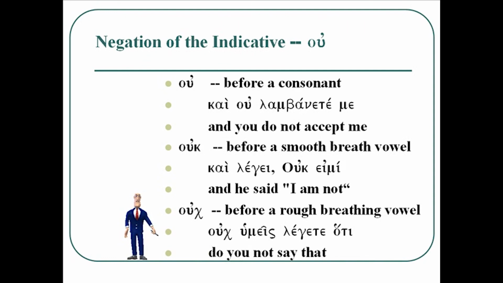Do you not say? And ouch with a chi is used because it comes before the upsilon that has a rough breathing. So three forms of ou, ouk, and ouch. One with a kappa, one with a chi. Rough breathing forces it up to a chi, similar to what we've seen in the vowel droppings at the end of the prepositions.